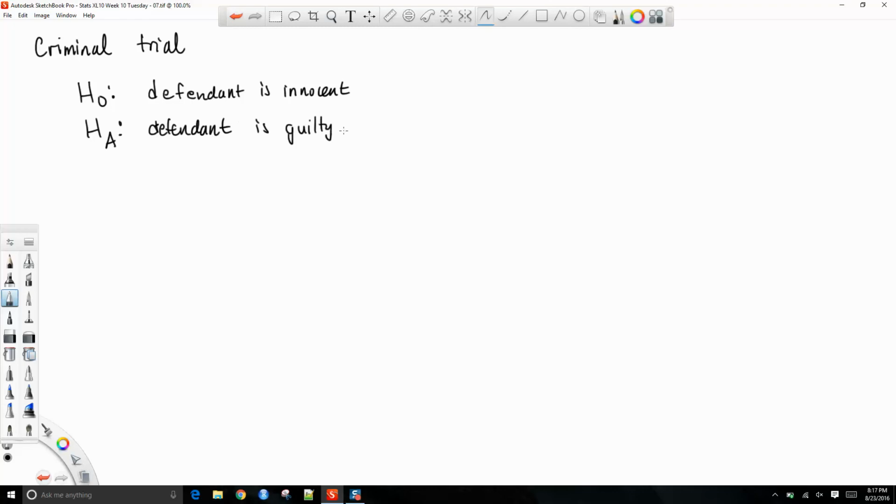In reality, if we knew the truth, either the null hypothesis is true or the alternative is true. These are the only possible scenarios regarding the charges against the defendant. Either the defendant is innocent of the charges or the defendant is guilty of the charges.